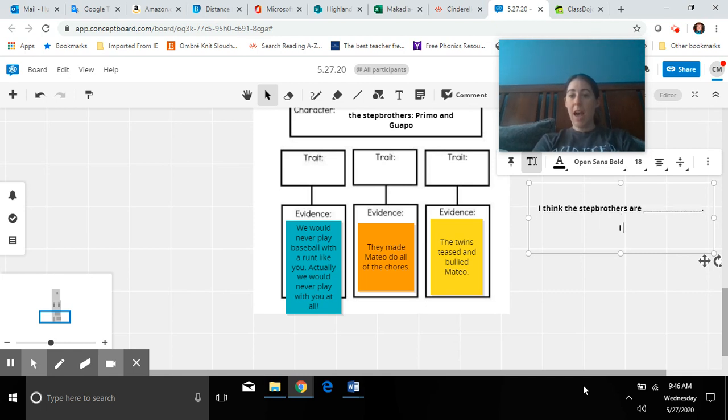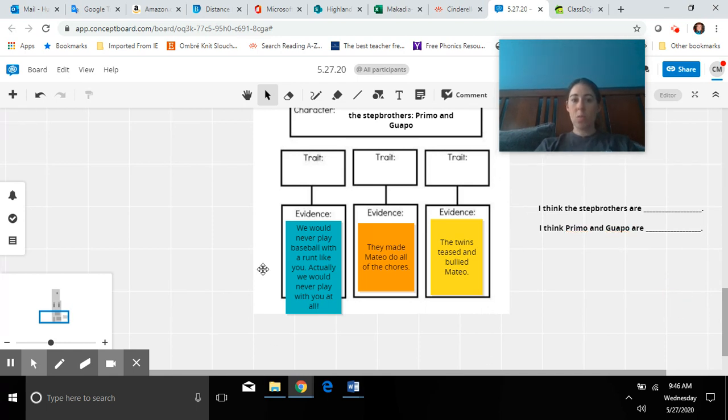Or you could say, I think Primo and Guapo are blank. I want you to choose one of these sentence starters, and I want you to give the twins a character trait. What kind of person are they? What do these pieces of evidence show us about what kind of person they are?